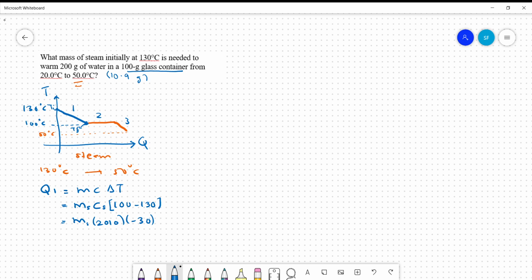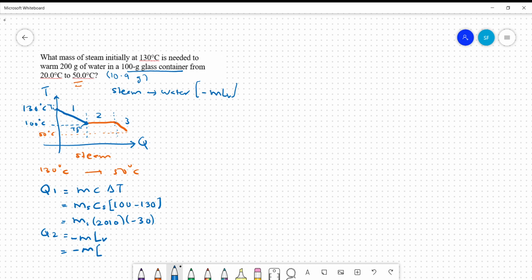Next Q2. The energy here is not to change the temperature but to break the molecular bonding of the steam, so it equals ml. Since the steam changes phase to water, the sign is negative: negative m L subscript v, where Lv is the latent heat of vaporization.